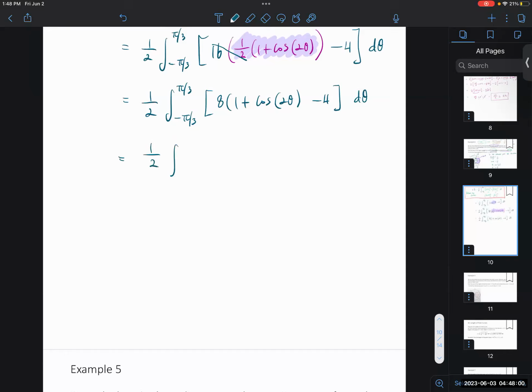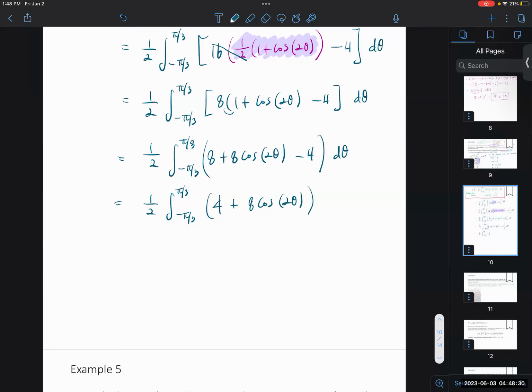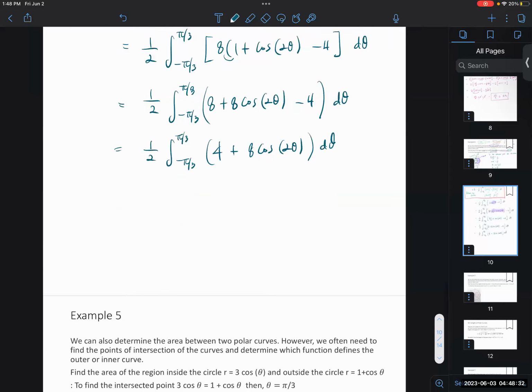So I'm going to expand the 8. So 8 plus 8 times cosine 2 theta minus 4 d theta. So 8 minus 4, we can subtract, which is 4. And then 8 cosine 2 theta d theta. Let's take the integral finally.